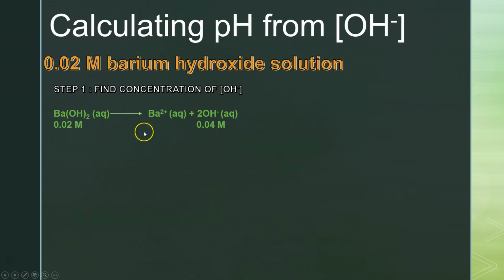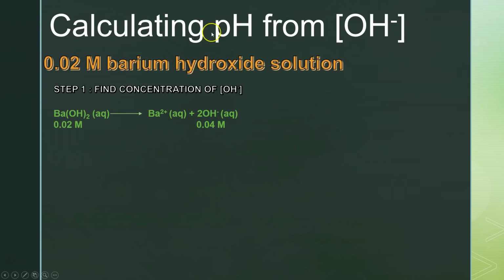Okay, remember, barium hydroxide has 2 moles of hydroxides. For every 1 mole of barium hydroxide, there are 2 moles of hydroxide ions. So if I were to have 0.02 mole per liter of barium hydroxide, if the volume is constant, 0.04 mole per liter of hydroxide ion will be present. Okay, so this is the concentration of the hydroxide ion.